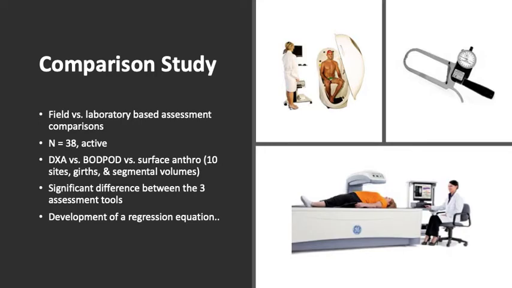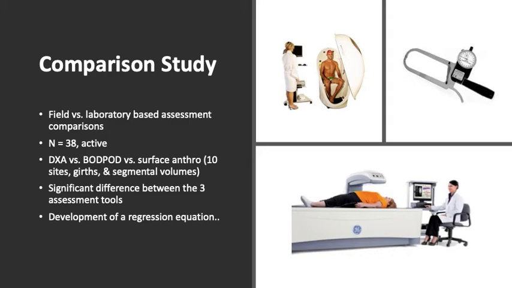Now I'd like to discuss a comparison study that I did almost 7 years ago at the Canadian Sport Institute. We have athletes who come in and get a DEXA scan, and then they go back to their daily training environment, and periodically they get skinfold assessments or surface anthropometry, and/or they get a Bod Pod done.